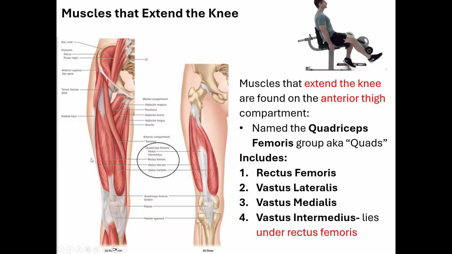Vastus lateralis is on the lateral side, medialis is on the medial side. You know that, right? Lateral is on the outside, medial is on the inside. And the intermedius means it's in the middle. Actually, the intermedius is right under the rectus femoris.